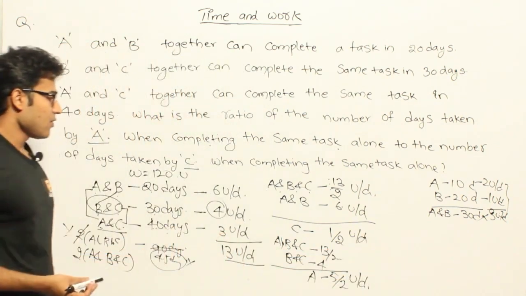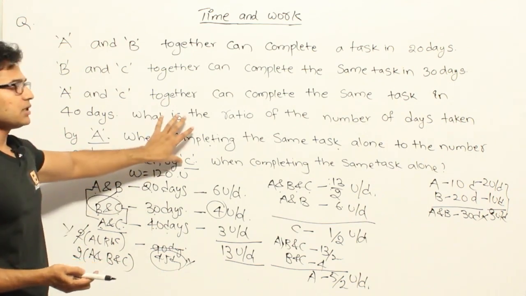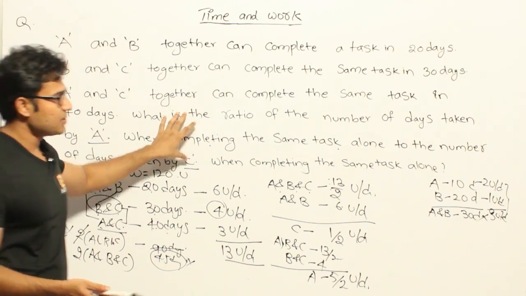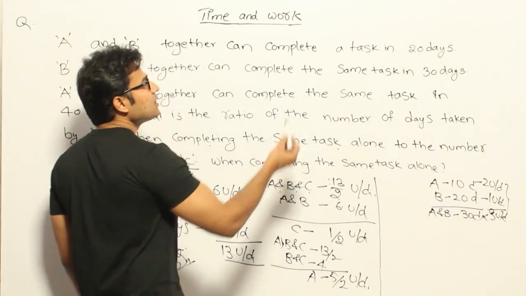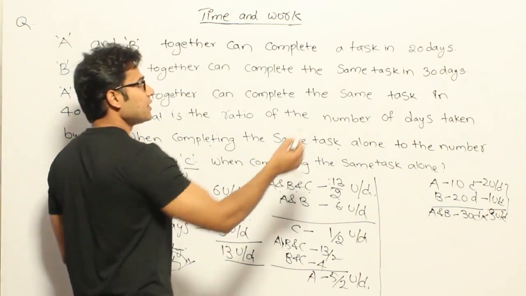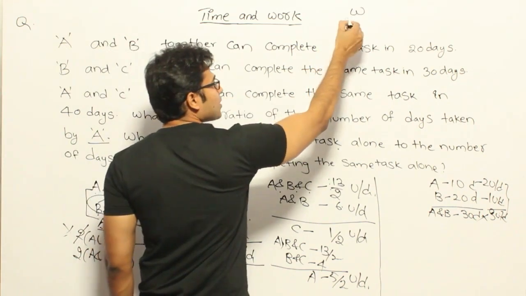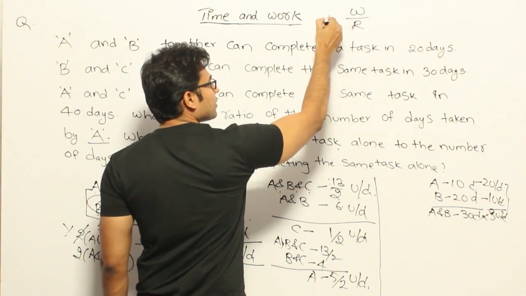Okay. Now how can you solve it is, they are talking about the time taken. We know that time is inversely proportional to rate. Why? If you see the derivation, I told you that if the total amount of work is W units and if the rate is R, then the time taken is W by R, isn't it?